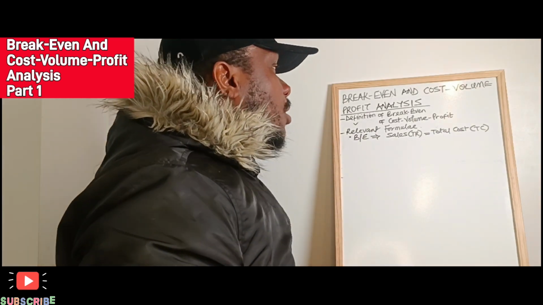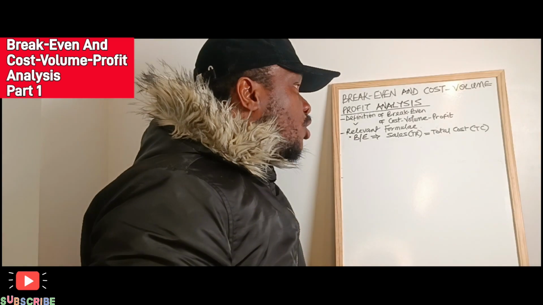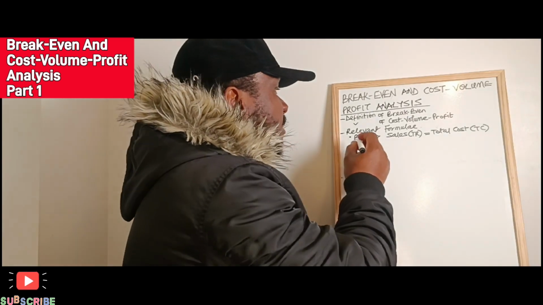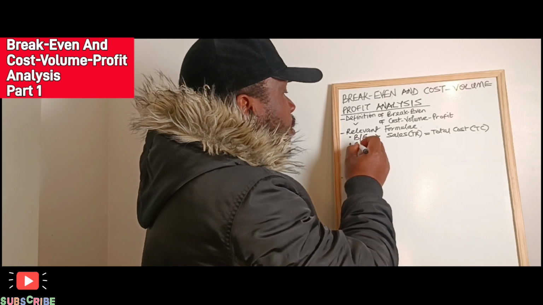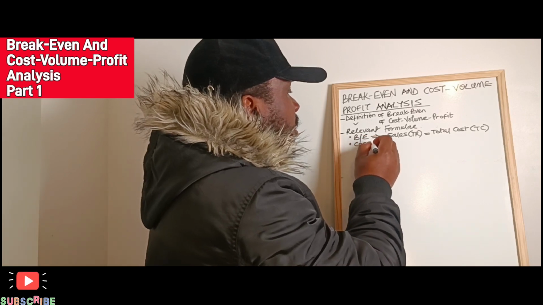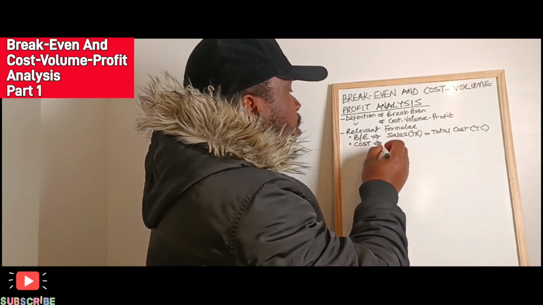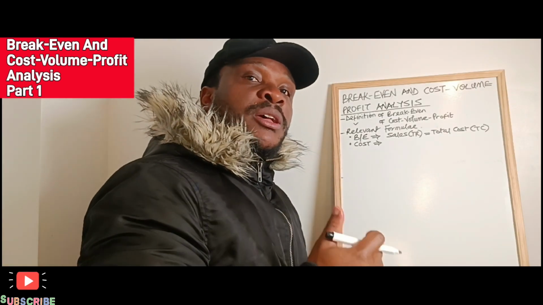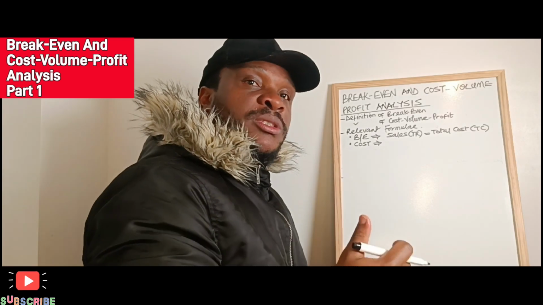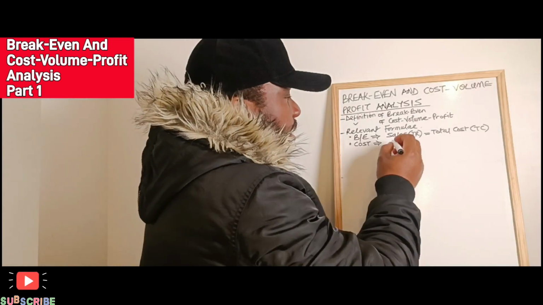All right. Now, if that is clear, you also want to know what is the composition of cost. Cost, like I said earlier, is the summation of total fixed cost and total variable cost.